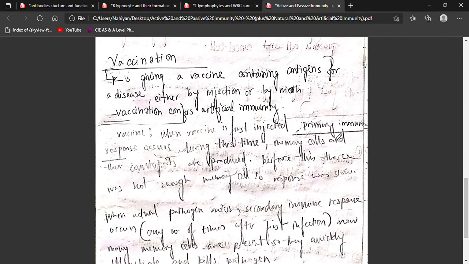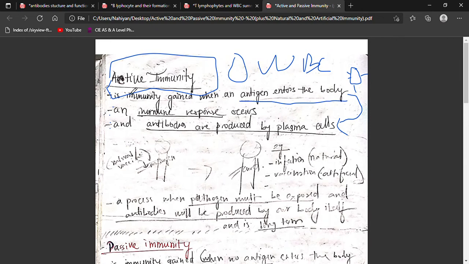So moving on, coming to vaccination. The first step, we saw that we might be exposed to the bacteria by being given a dead strain of that bacteria, so that the antigen is present but the pathogen is dead.